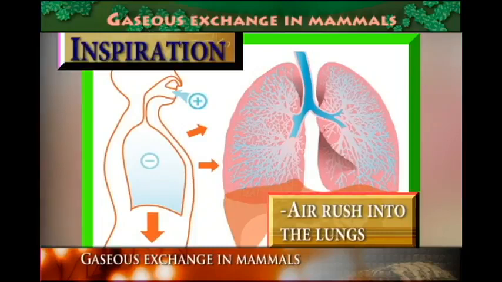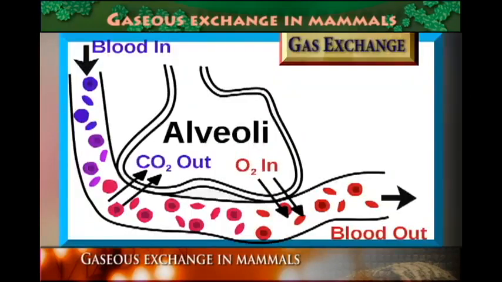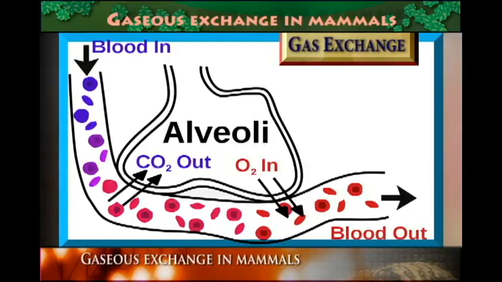Now, when air has entered into the lungs, it diffuses into the alveoli. The blood which is now coming into the alveoli has a high concentration of carbon dioxide and low concentration of oxygen.